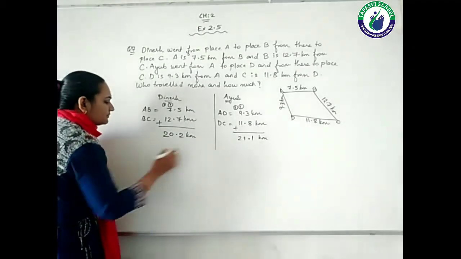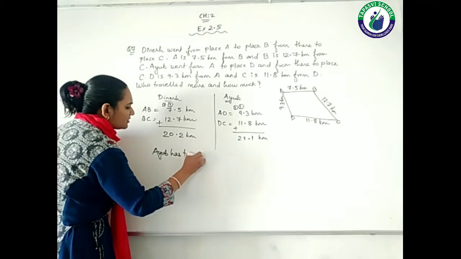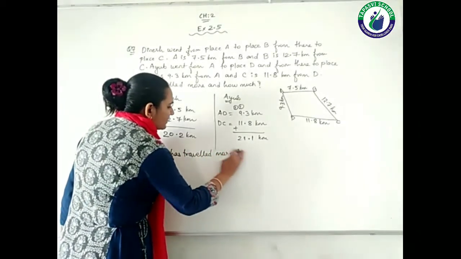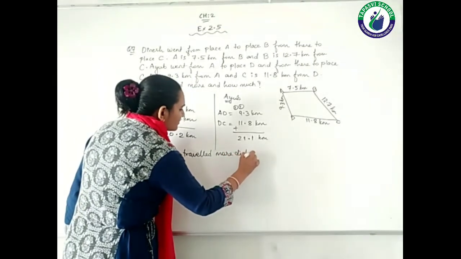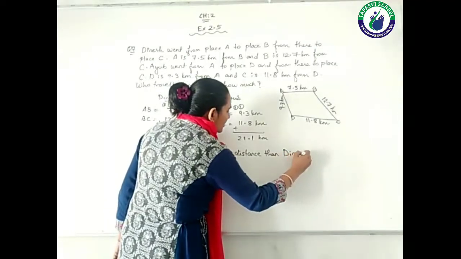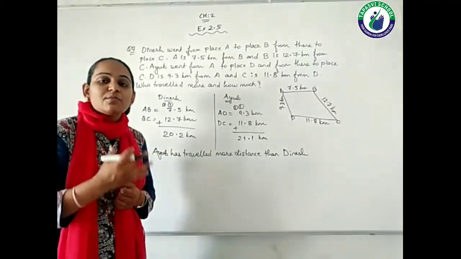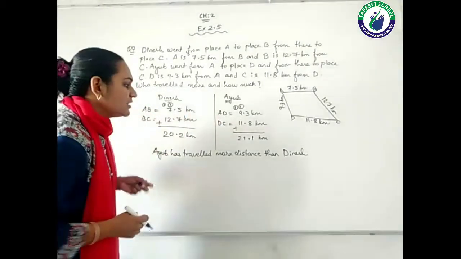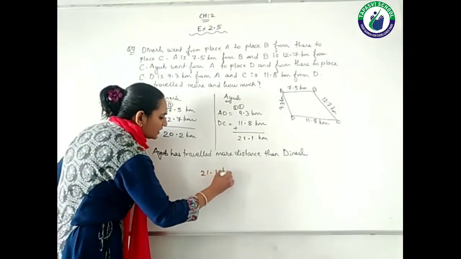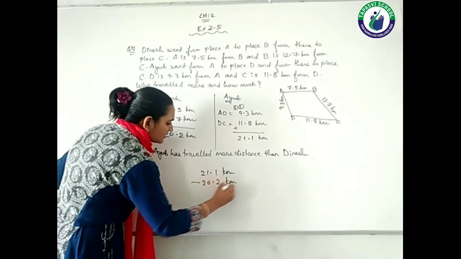So here I am writing Ayub has traveled more distance than Dinesh. Now here we have to answer one more part, students, that by how much, meaning how much more traveling he has done. So for that we need to subtract these two figures. 21.1 km minus 20.2 km, right?